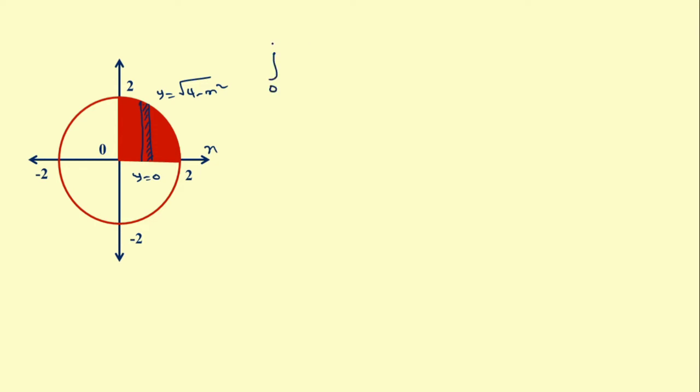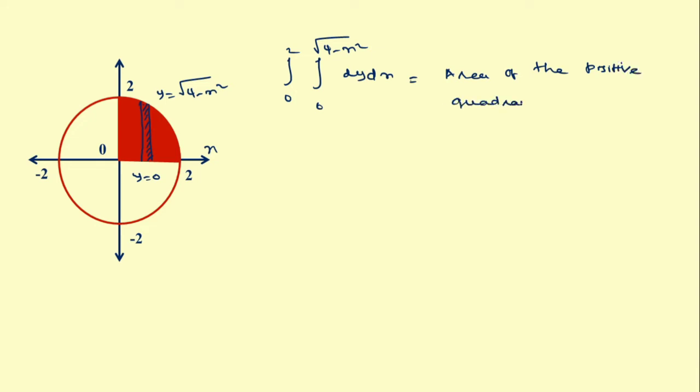So integral 0 to 2, integral 0 to square root of 4 minus x square dy dx clearly stands for the area of the positive quadrant of the circle.